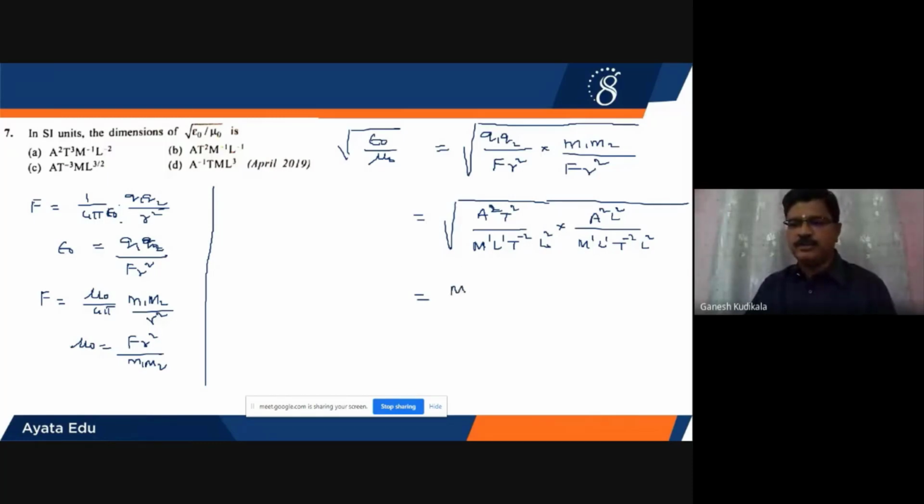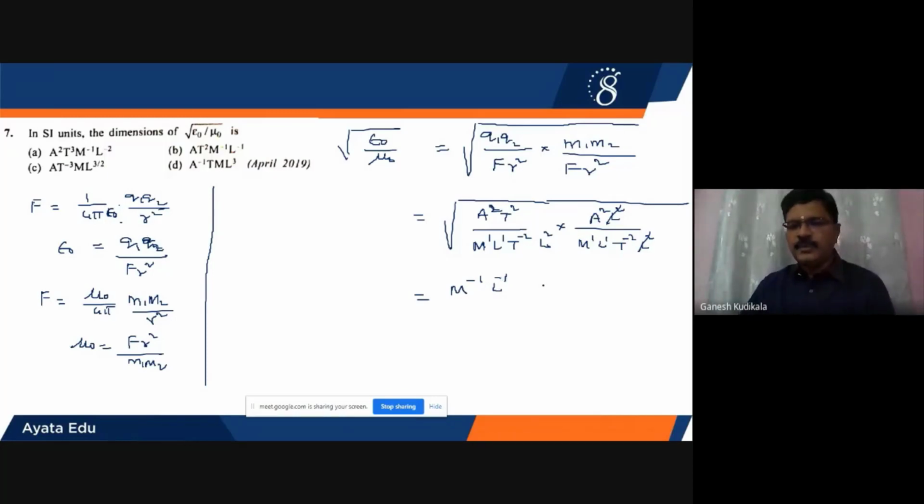On taking square root, you will get M to the power of minus 1. This L square also gets cancelled. Similarly, L to the power of 1 plus 1, 2, so L to the power of minus 2. Minus 2 halfway, L to the power of minus 1 I am getting. I am taking square root. M to the power of minus 1, L to the power of minus 1.